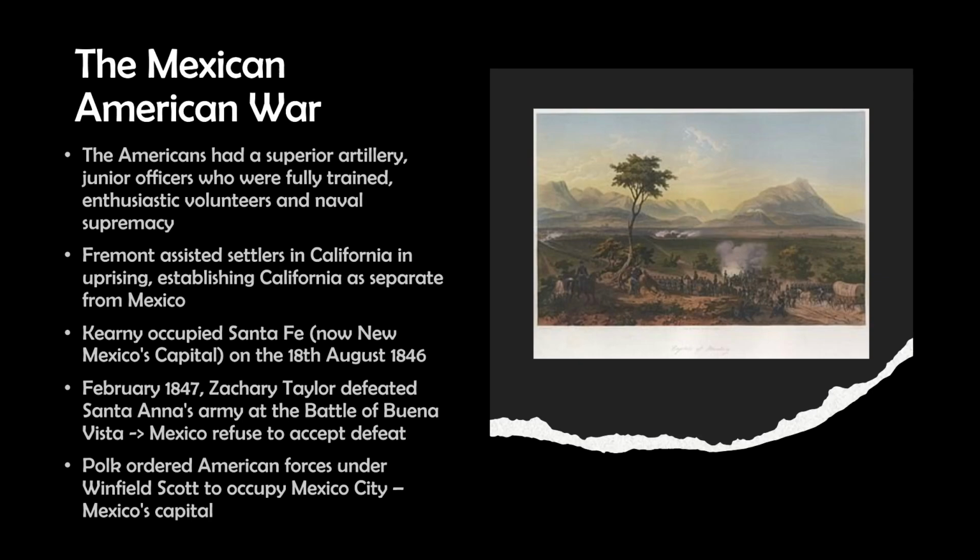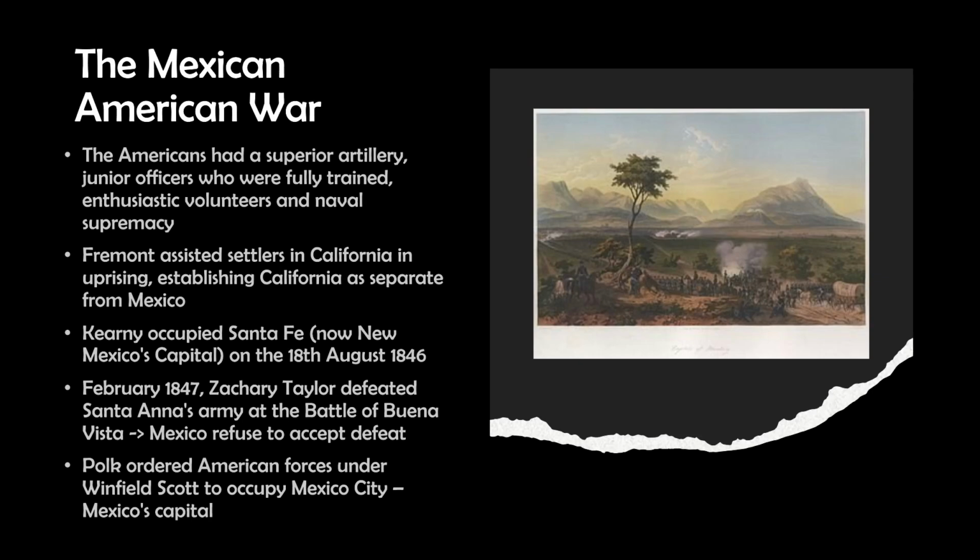General Kearny occupied Santa Fe, the one in New Mexico, not in Texas, which is now New Mexico's capital. That's a separate story. On the 18th of August, 1846, and in February 1847, Zachary Taylor, who would later become president, defeated the lead Mexican general, Santa Anna, and his army at the Battle of Buena Vista. However, the Mexicans refused to accept defeat.